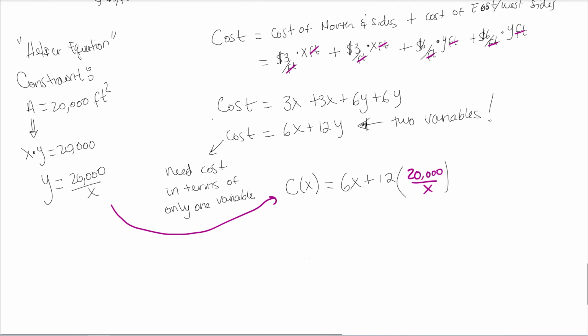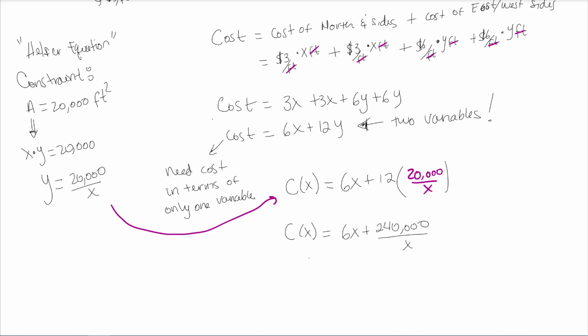And let's simplify it. So I'm going to get the cost is 6x plus, what's 12 times 20,000 is 240,000 over x. So this is my function now in terms of just one variable.